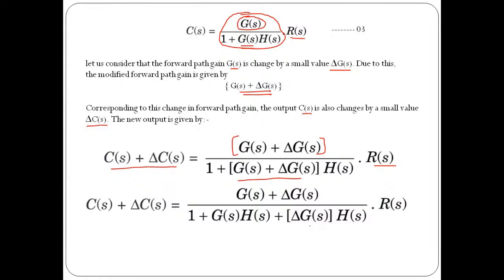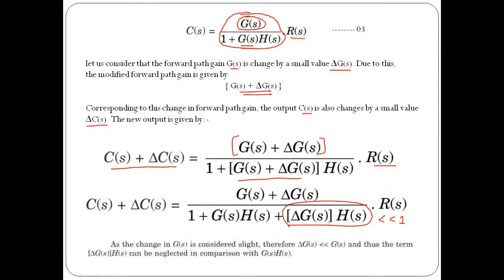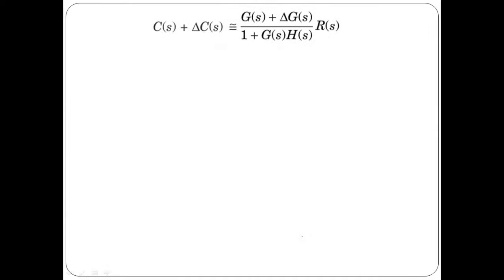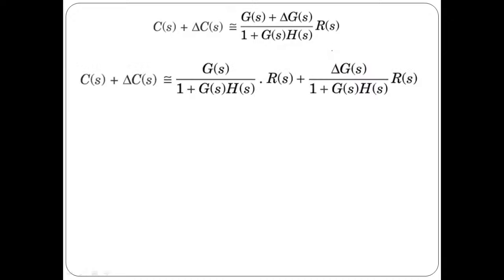Now in the denominator polynomial, the value of this parameter is very small as compared to 1, hence we can ignore this particular term and we get this as the final answer. Further, multiplying R(s) to each component, you get this answer.